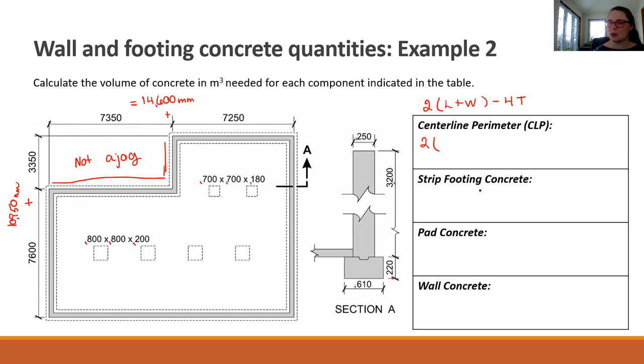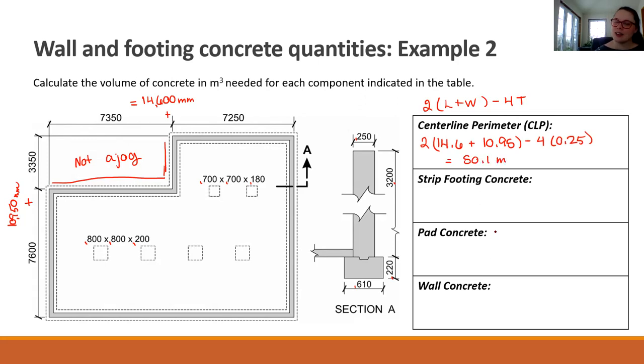That might be a good monkey wrench to throw in for you for an extra. Not today, we'll leave that for later. So for our length, now we have 14,600 millimeters, or 14.6 meters, plus our width of 10.95 meters, minus 4 times the wall thickness of 0.25. And when I put that in my calculator, I got 50.1 meters.